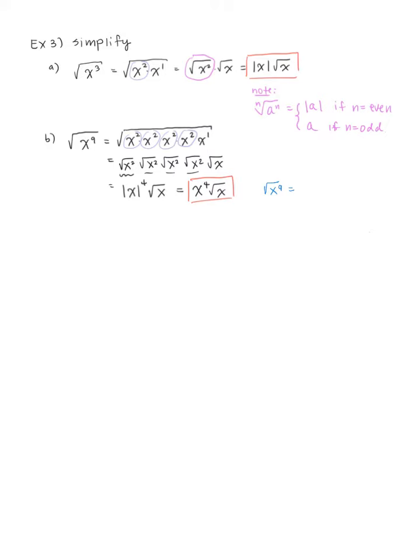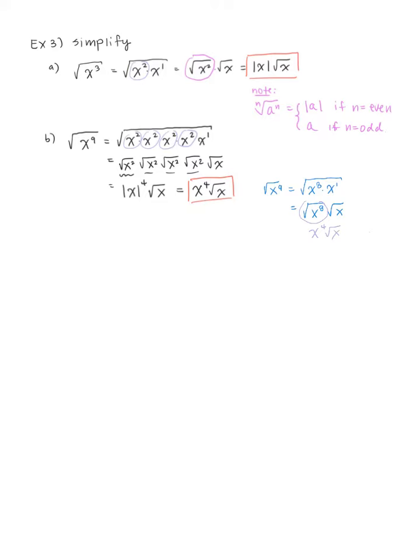So here, I could break this guy up into x to the 8 times x to the 1st. All right. Now, do you notice something? So our answer was x to the 4th, wasn't it? And the square root of x remains. So let me just write it as the square root of x to the 8 times the square root of x. Now, somehow this guy became x to the 4th.